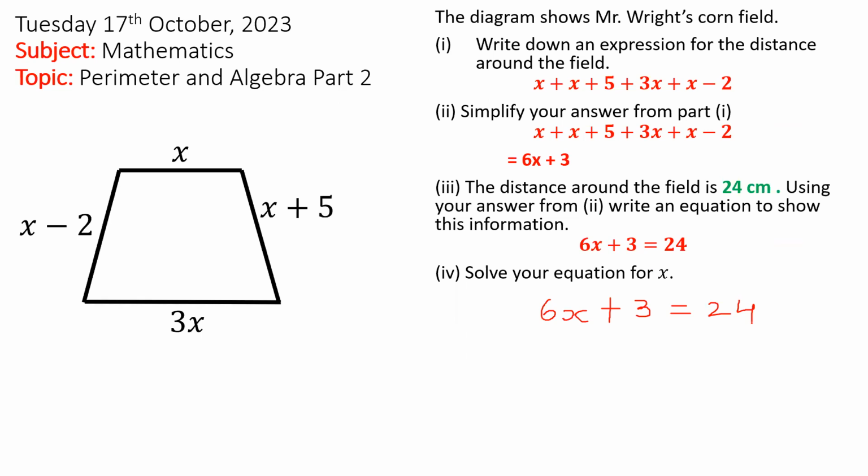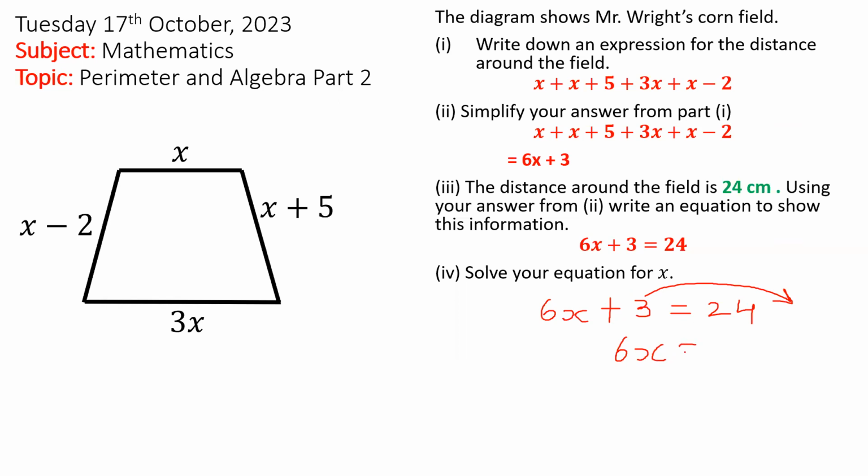So what's the first step in solving the equation? Bring the 3 over and take away the 3 from 24. Very good. Send the 3 over the equal sign. It was a positive 3, but once you send it over the equal sign, it becomes a negative.